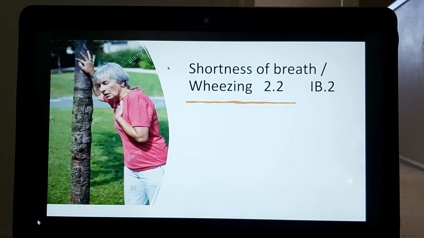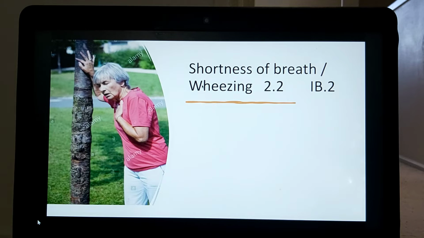Right, then after this, we start looking into each of the 5 cardinal signs. In cardiorespy, there are mainly 5 signs. The first one is shortness of breath or wheezing. When you ask for walking or any activities, he would have told you already.